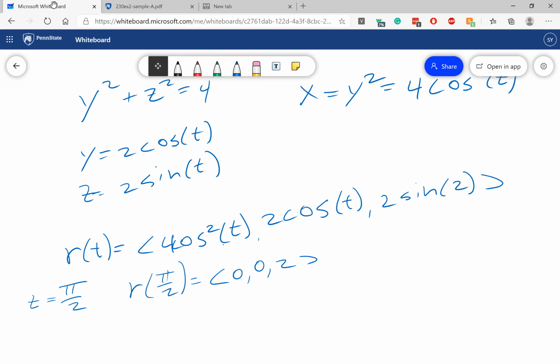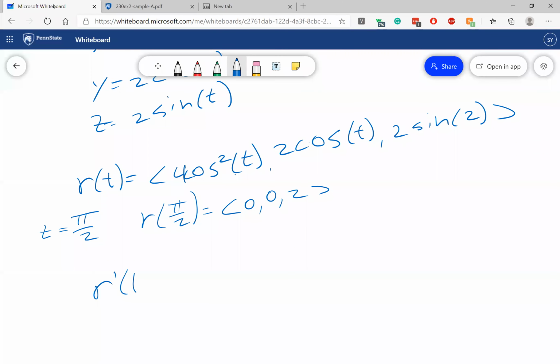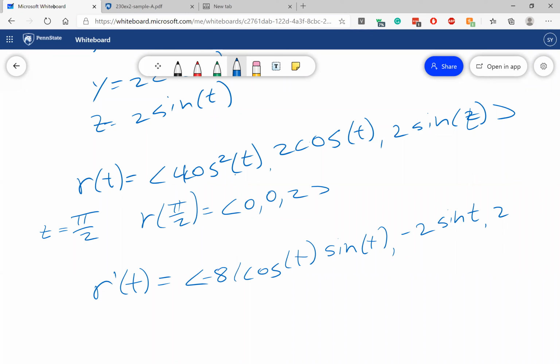Now the derivative, r prime of t, is going to be 8 cosine of t times negative sine of t, so minus 8 cosine t sine t, then minus 2 sine of t, and 2 cosine of t.